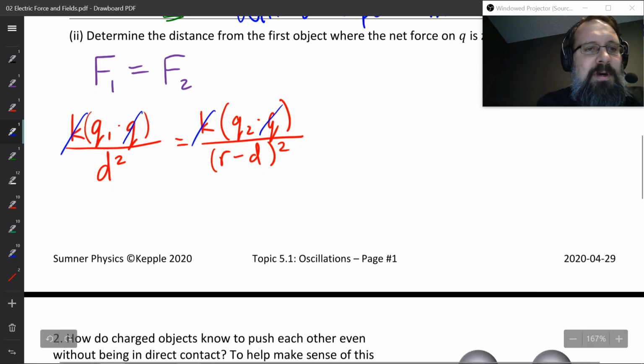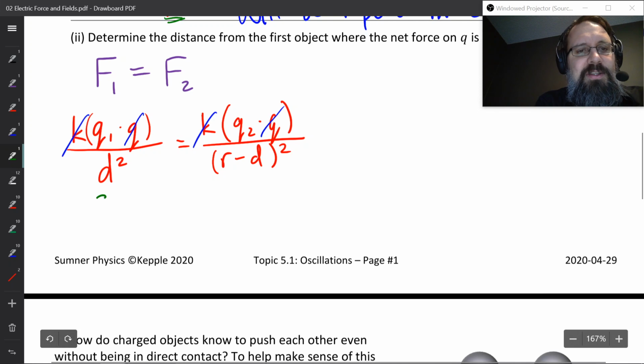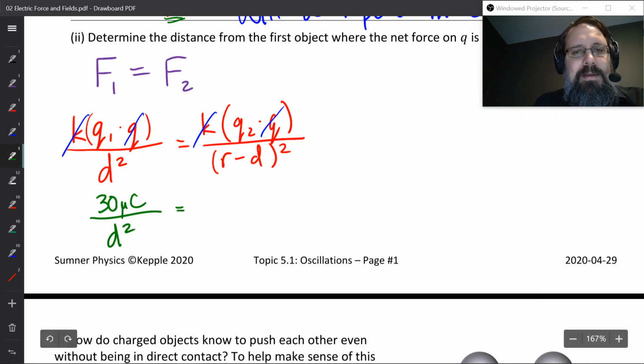We know what Q1 is, so let's substitute it in. That's 30 microcoulombs divided by distance d, which we do not know. And over here, Q2 was 10 microcoulombs divided by R, which was 0.5 minus d quantity squared.